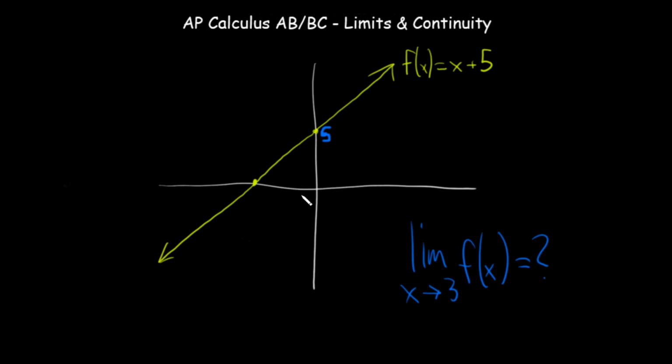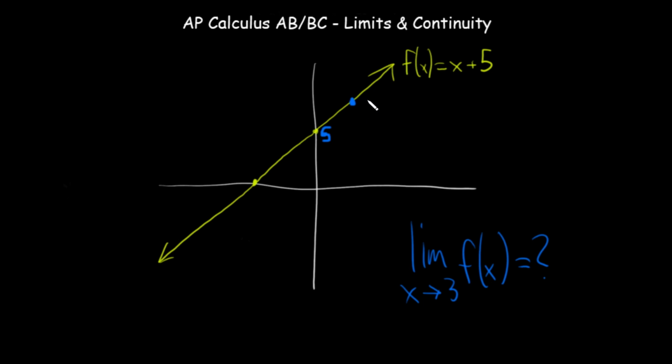Well, I didn't put any labels on this graph, but you can figure this out using the equation itself. f of 1 is 6, f of 2 is 7, and f of 3 is 8, which is going to be right there. That's f of 3.